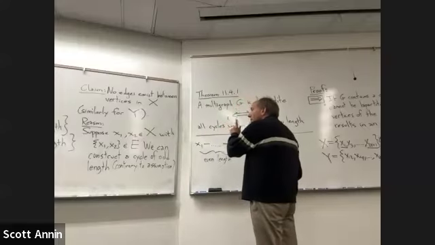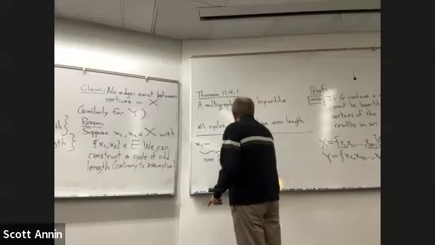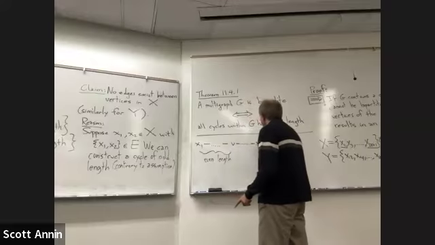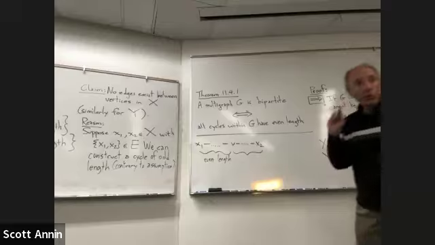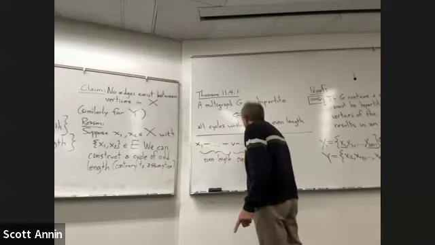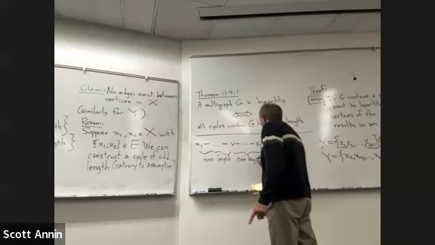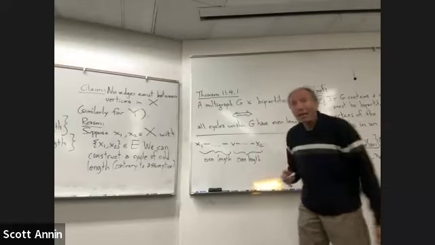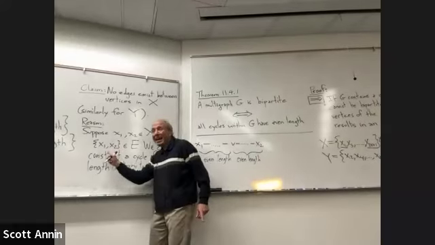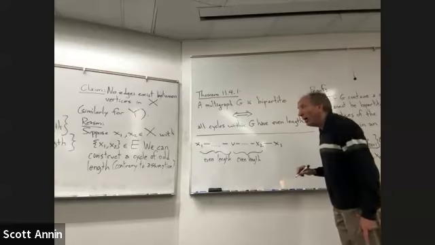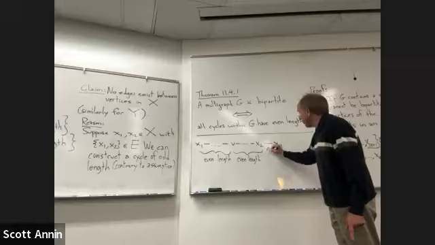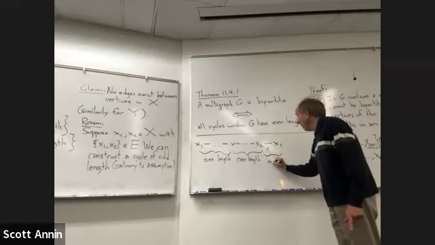And then from V, I can walk back to X2. And this walk is also even. And then I have one more edge that takes me from X2 back to X1. And that is obviously length 1.